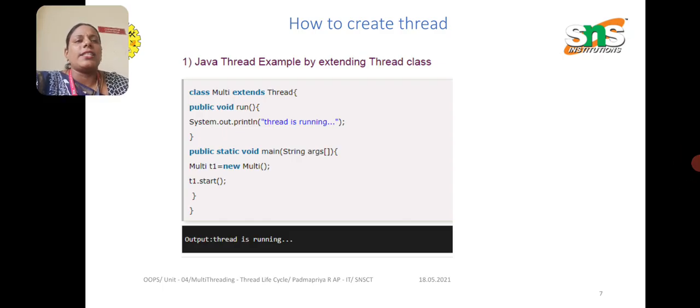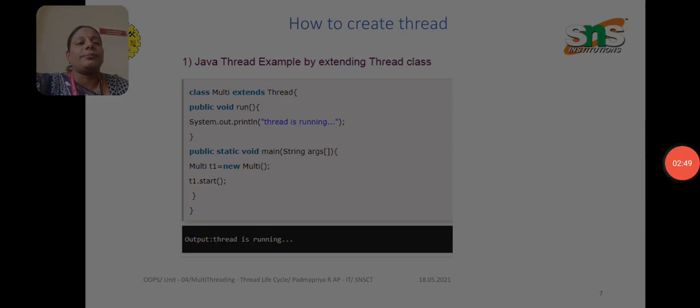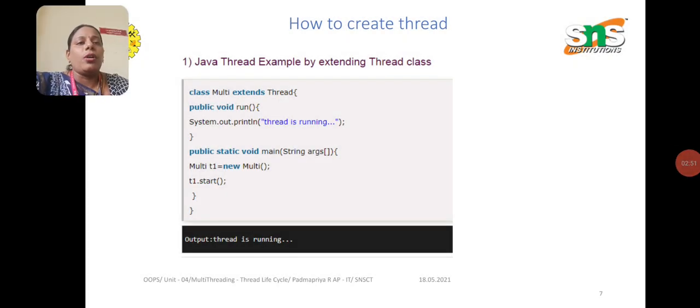This is a Java thread example by extending the Thread class. Here we use the method public void run, and class Multi extends Thread; the extends word represents the thread. Inside public void run, System.out.println prints that the thread is running.